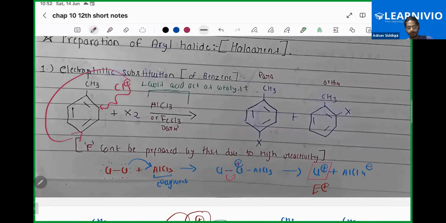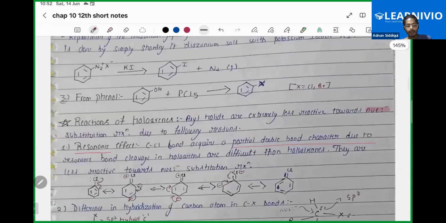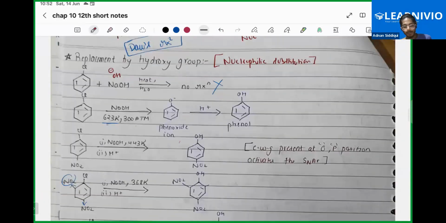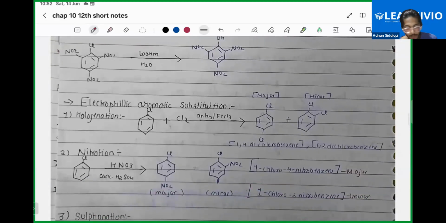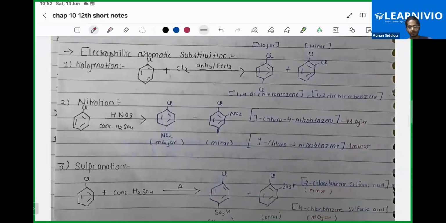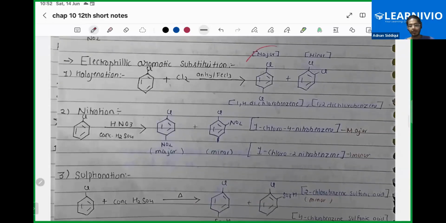I hope this is clear. And here, what is attacking? An electrophile. So we call this electrophilic aromatic substitution. The major product is para, the minor product is ortho.